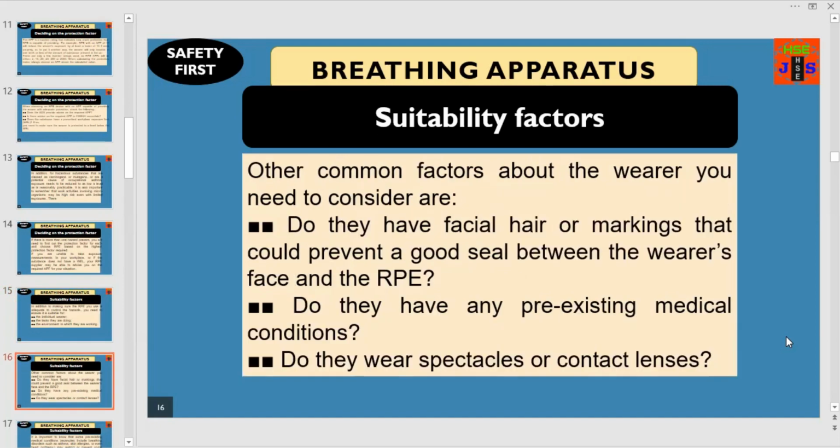Other common factors about the wearer you need to consider are: do they have facial hair or markings that could prevent a good seal between the wearer's face and the breathing apparatus? Do they have any pre-existing medical conditions? Do they wear spectacles or contact lenses?